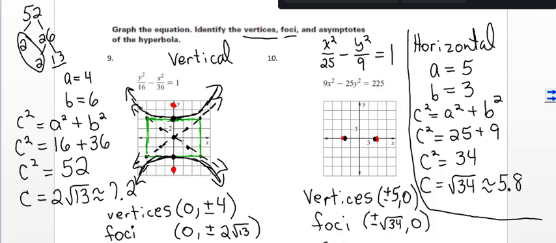Asymptotes. Your asymptotes this time are going to be y equals, and since it's horizontal, it's going to be b over a, so plus and minus b over a.